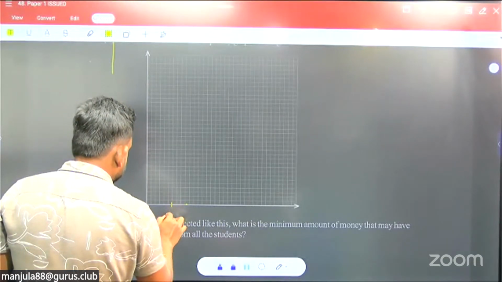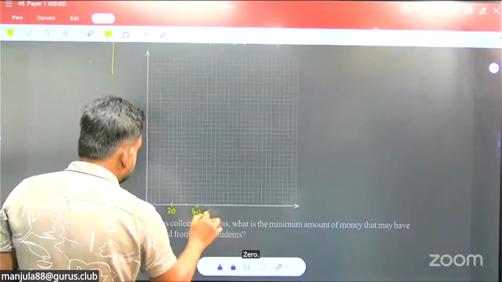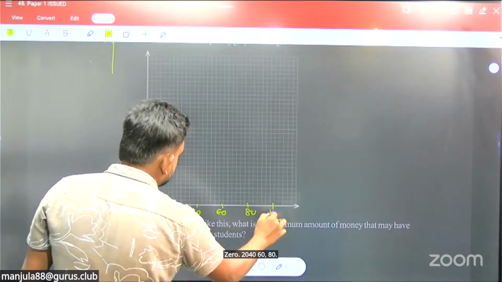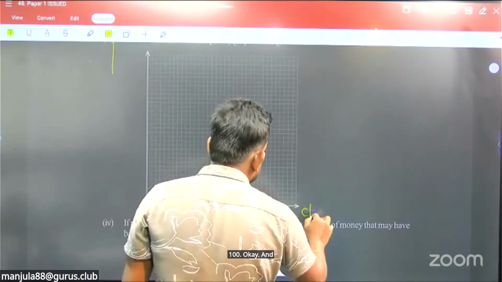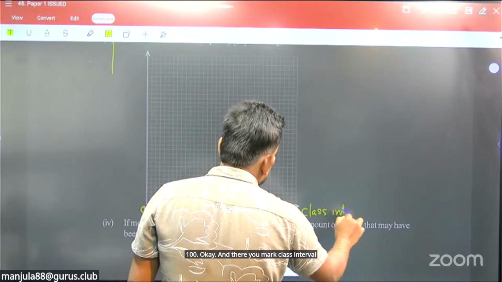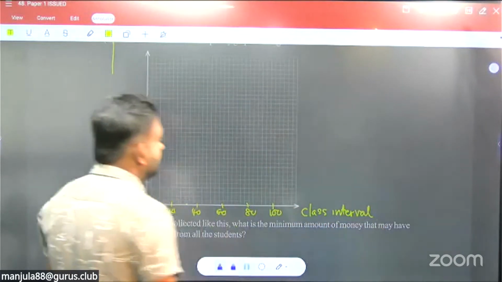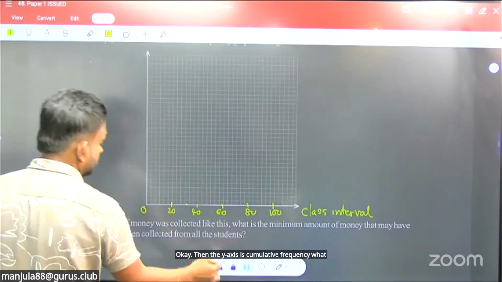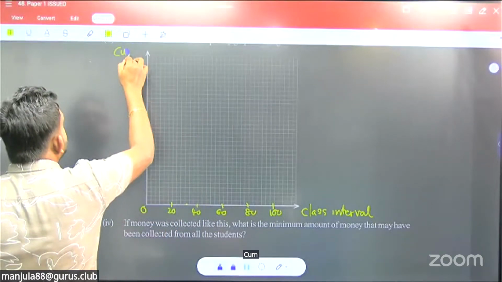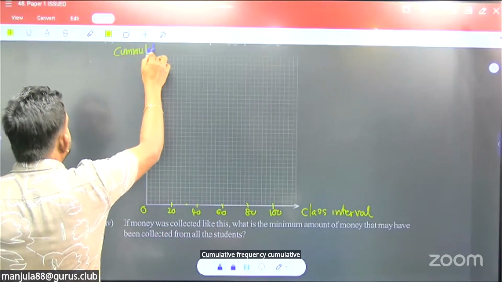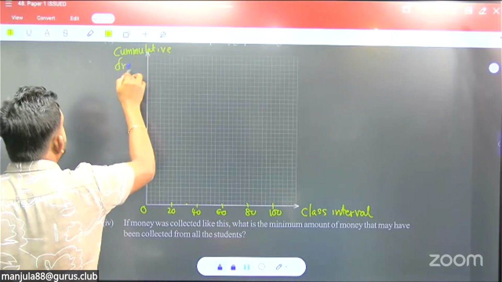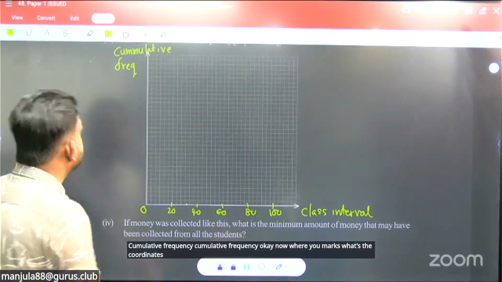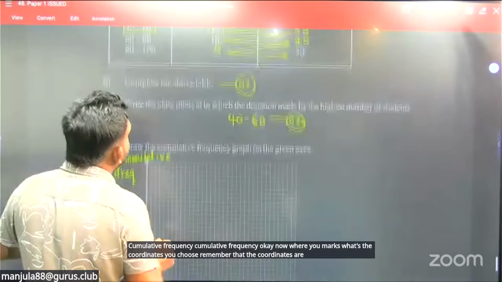On the y-axis: 0, 20, 40, 60, 80, 100. And there you mark class interval. Then the y-axis is cumulative frequency, what we mentioned.